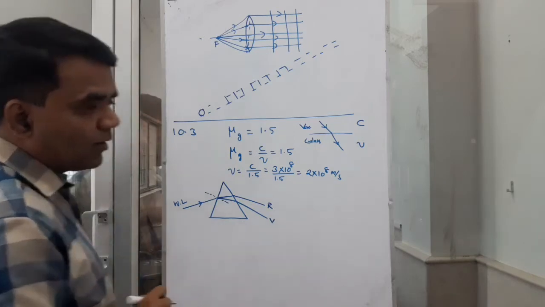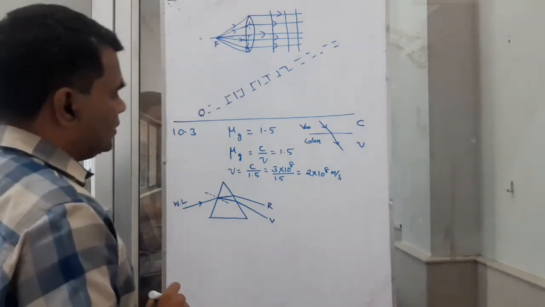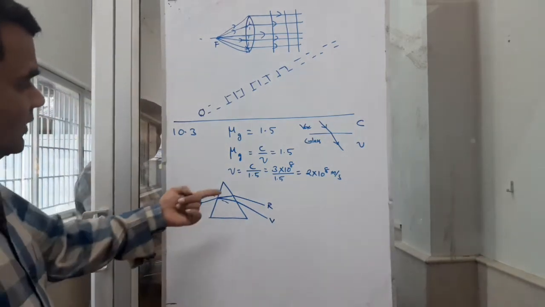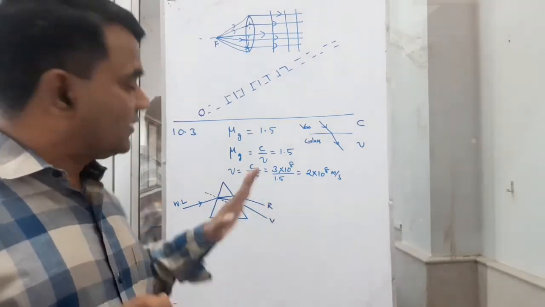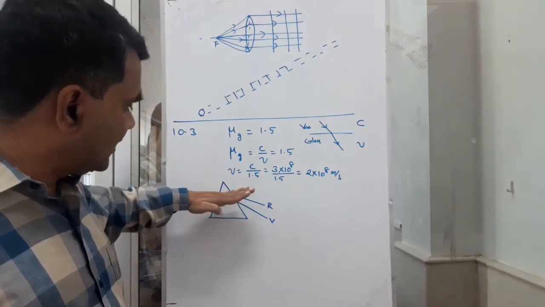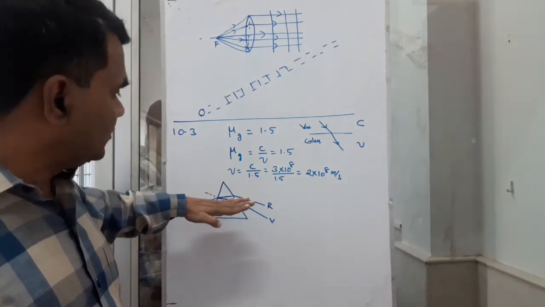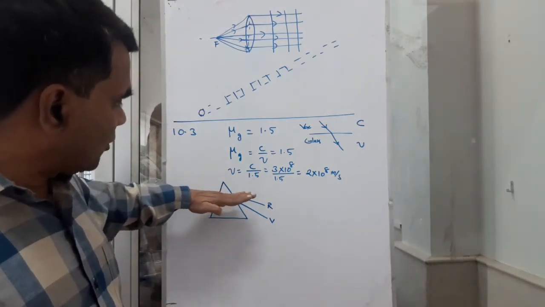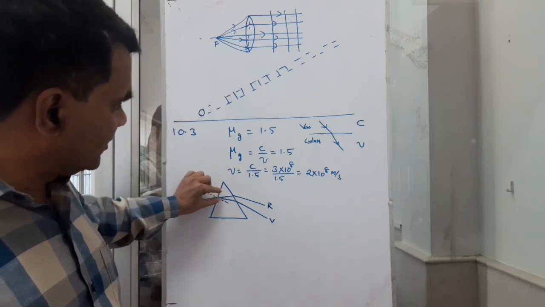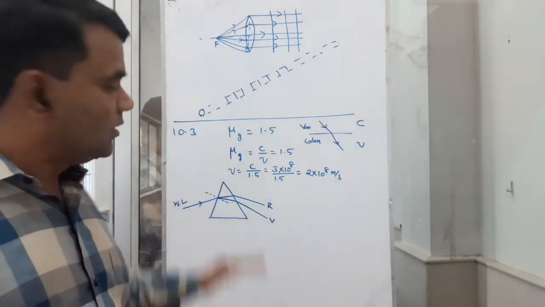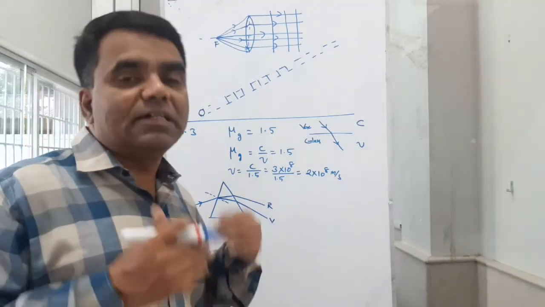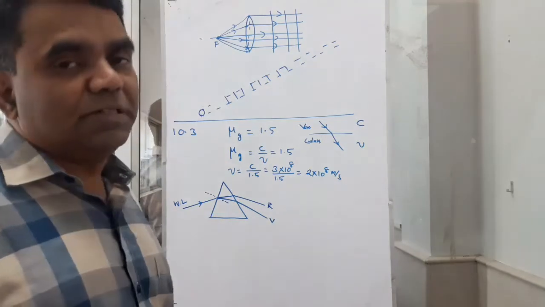See? So clearly the colors don't travel with the same speed. If they traveled in this medium with the same speed, then the angles would also be the same, but you see that there are different angles. So the refractive indices for different colors are different in the same medium.